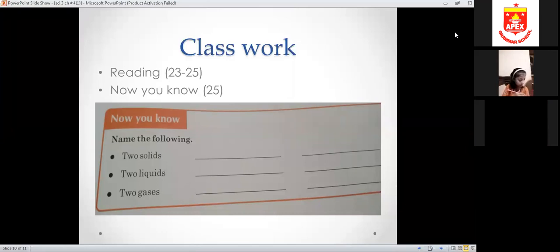Okay, do you know? Metals like gold, silver, and iron are heated in a hot furnace and turned into liquid.